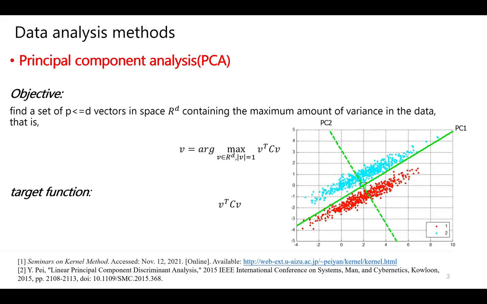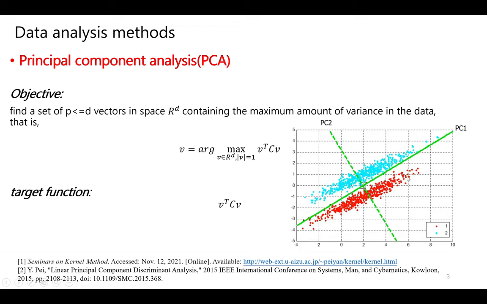Firstly, I will introduce 2 data analysis methods. The first one is principal component analysis, PCA. Its objective is to find a set of vectors in the space containing the maximum amount of variance in the data. It can be presented by this equation.